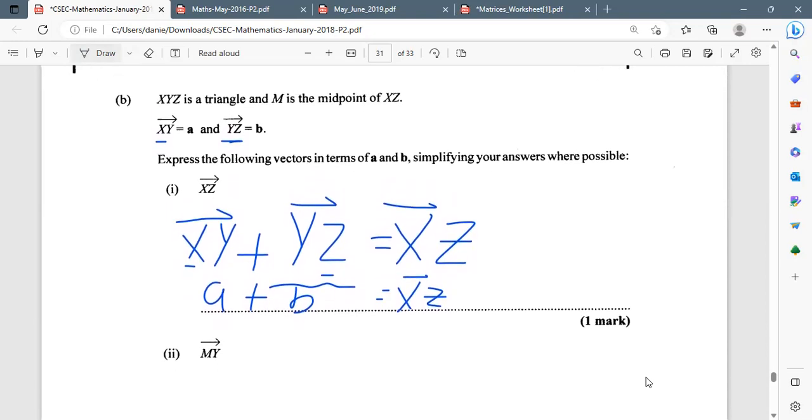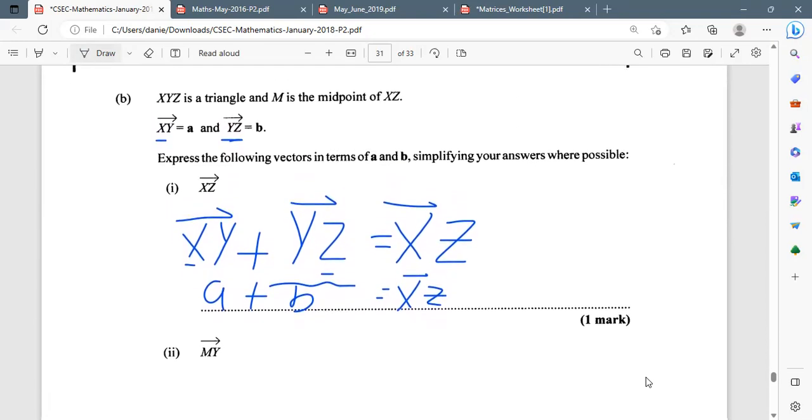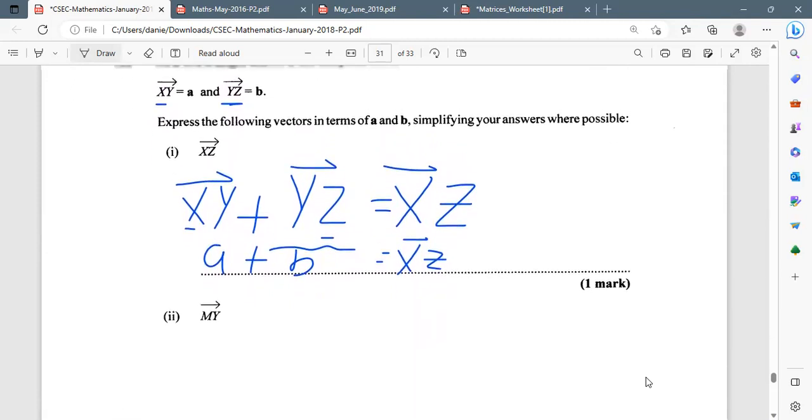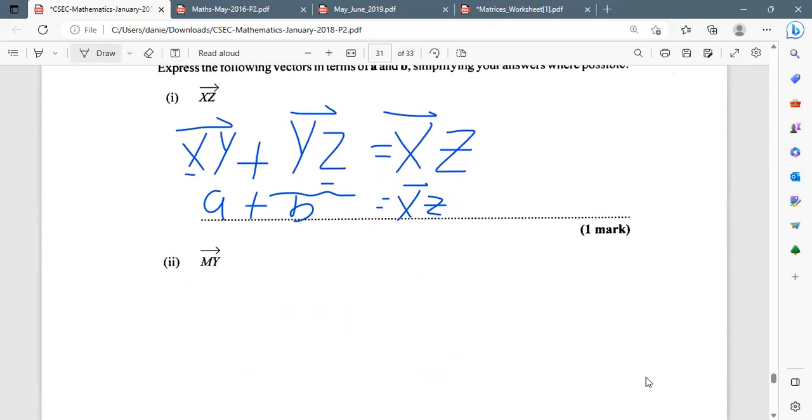So let's see if we can get something with MY. Let's try to sketch a diagram.